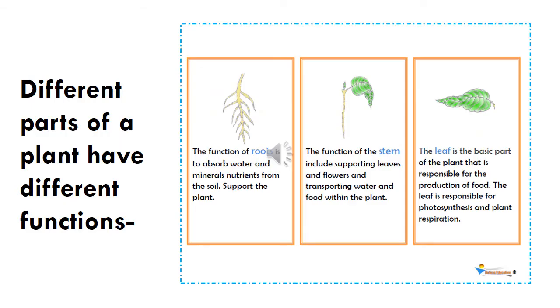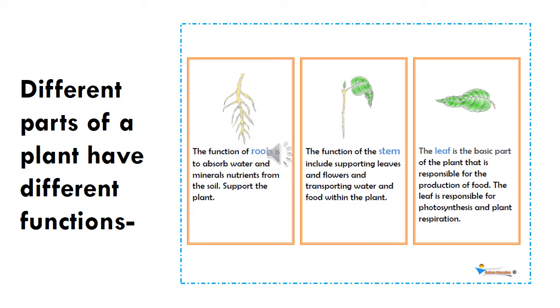Let us now talk about the different parts of the plant and their functions. A root is the part where the plant takes in water. A root is the part of the plant that is found under the soil, and it is the part that supports the whole plant.